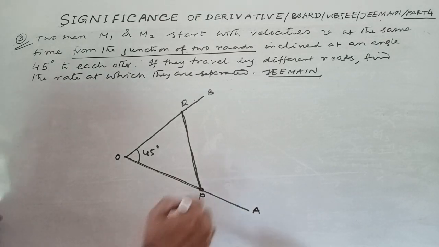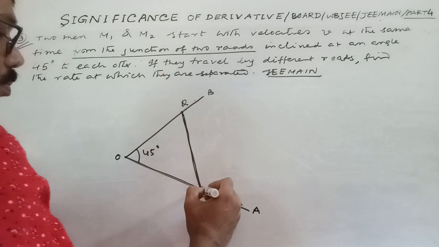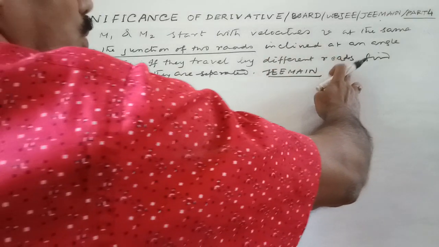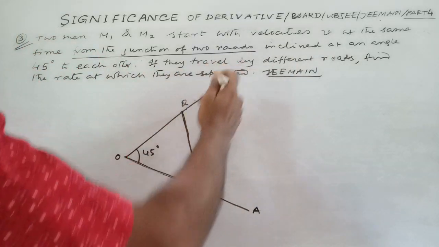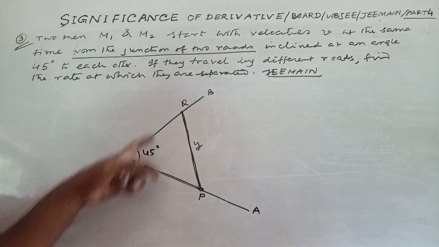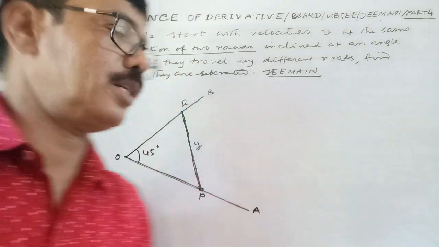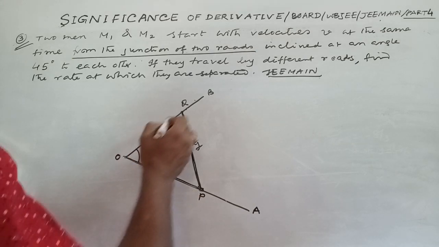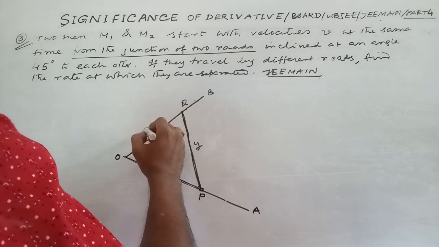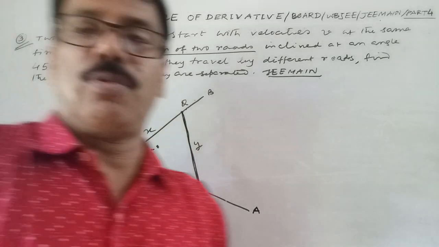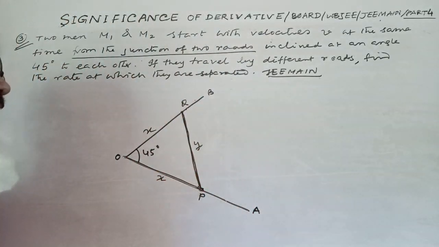So the distance between them is PQ. Suppose this is y. So you have to find dy/dt. Since their velocities are the same, OP equals OQ. Suppose OP is x and this is also x unit. So you have to find the relation between x and y.